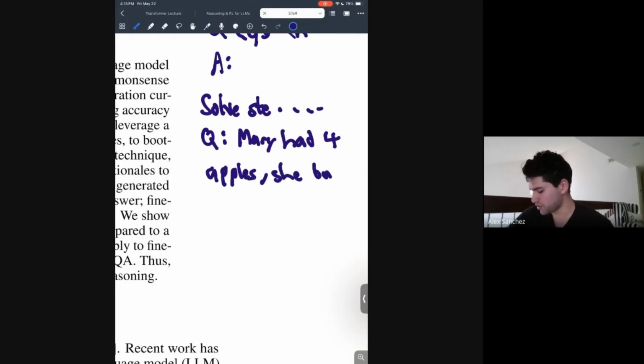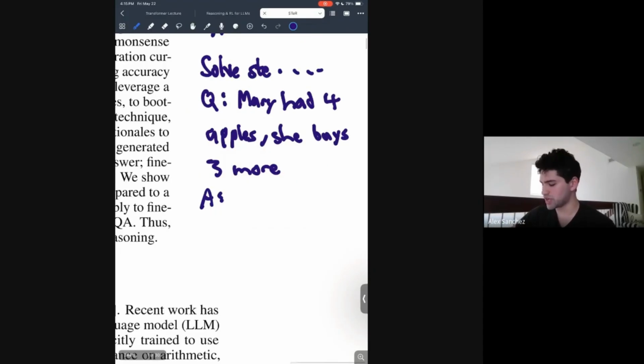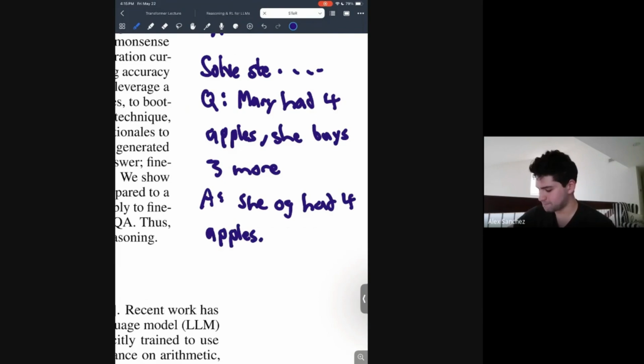And then the answer would include that reasoning that you wanted to have. So you say she originally had 4 apples. Buying 3 more means adding 3 to the original. 4 plus 3 equals 7. Final answer is 7.